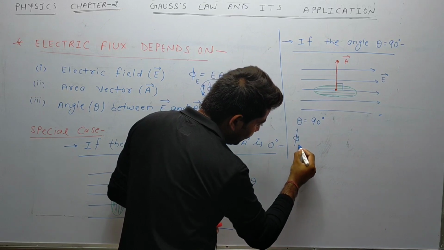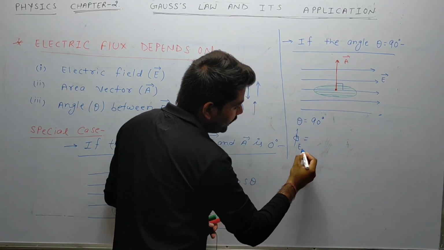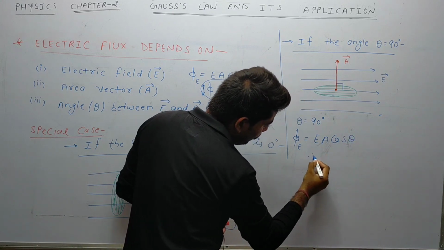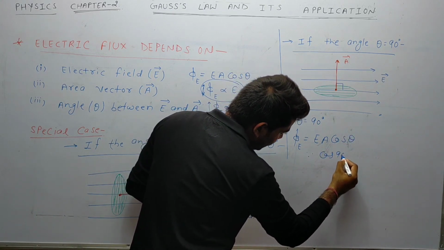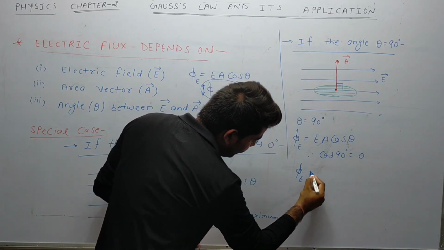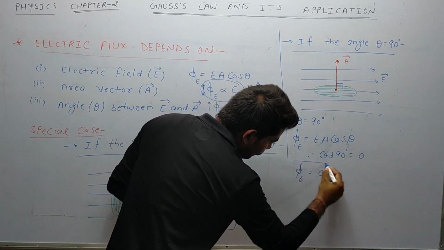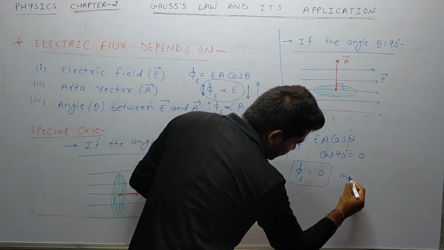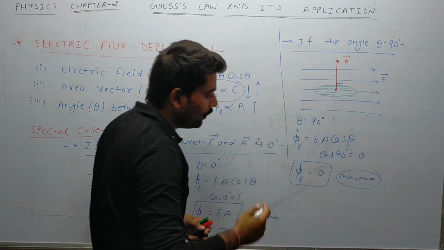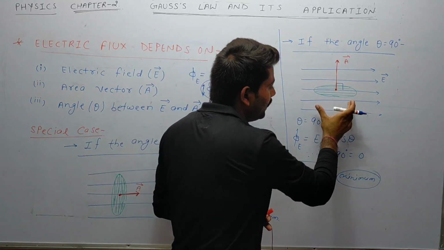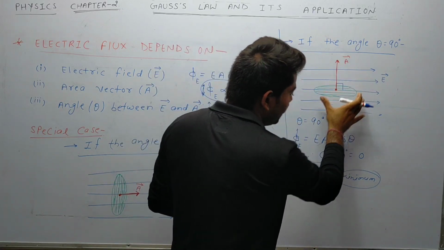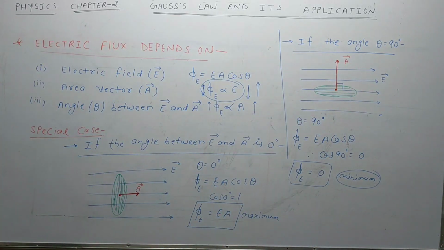According to the formula, electric flux phi E is equal to E A cos theta. But we know cos 90 is equal to 0. So electric flux phi E will also be 0. And in this situation, no electric field lines pass through this surface, so no electric flux passes through this surface which is placed in the electric field.